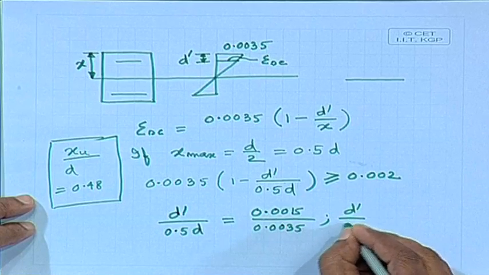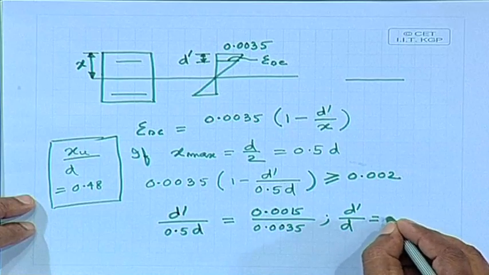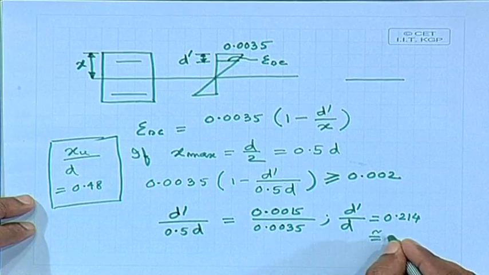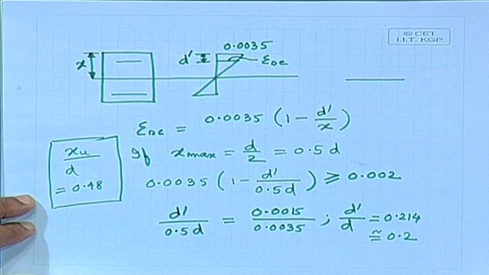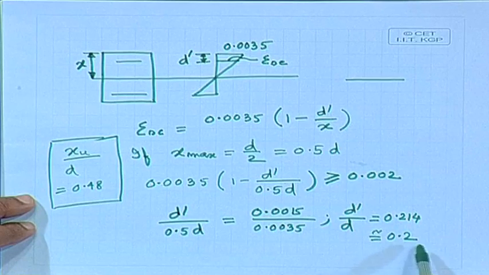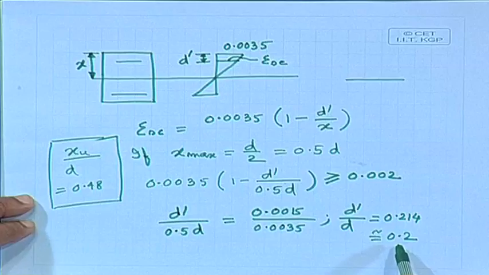Therefore, d dash by d equals 0.214, approximately 0.2. If d dash by d is 0.2 or less than that, we shall get the stress in concrete as 0.45 FCK.